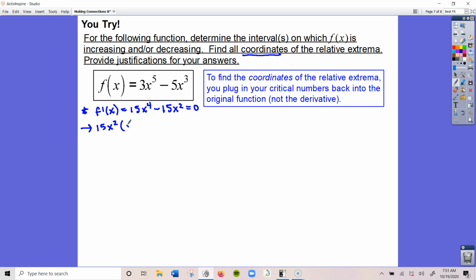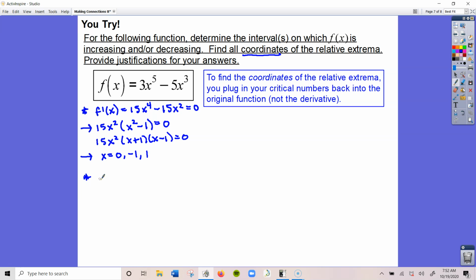And when I factor that, I would have x squared minus 1 equal to 0. And I can keep factoring this as well. 15x squared, and then x squared minus 1 is x plus 1, x minus 1, since it is a difference of squares. My critical numbers would be x equal to 0, negative 1, and positive 1.